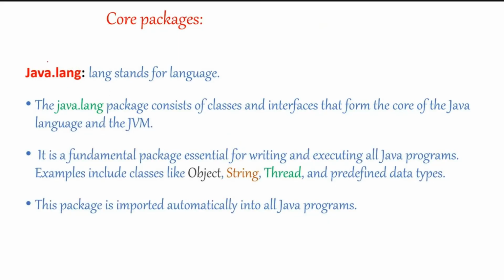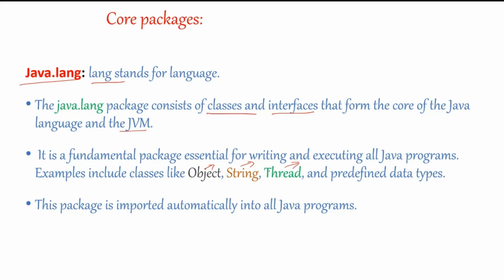Java.lang package, we are briefly studying some of the core packages or inbuilt packages. So the first package is java.lang. As I said, lang stands for language, and this is the default package. The java.lang package consists of classes and interfaces that form the core of the Java language and the JVM. For example, there is an Object class, a String class, a Thread class.